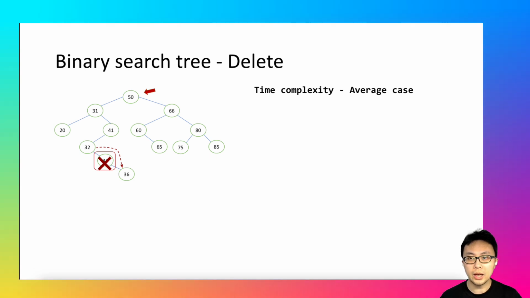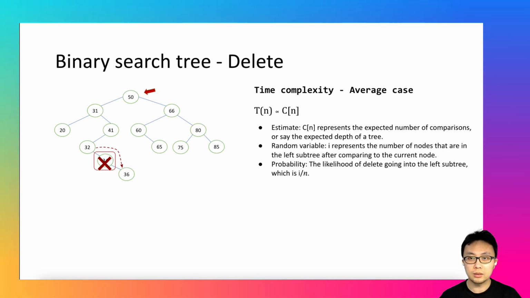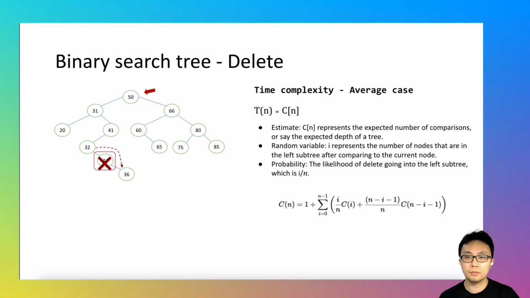Let's talk about the average case. The average case analysis of the delete method is the same as that of the search and insert methods. In short, the time complexity T(n) is in proportion to the comparison numbers. To account for randomness, we need the help from the expected value. The assumption of computing the expected value is the same as that of a successful search.